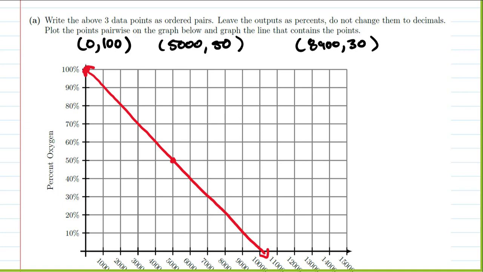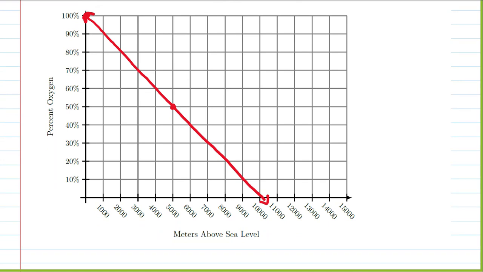My next pair is 0 and 100, and 8,900 and 30%. So 8,900 is almost 9,000, and it's up at 30%. So now I connect these 2 points, and I get something that looks like this.